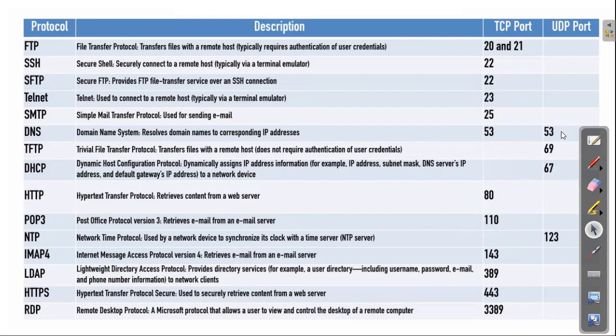DNS 53, it is using both UDP and TCP. Likewise, HTTP is using 80 and HTTPS using 443, right? Likewise, it varies from 0 to 1023.